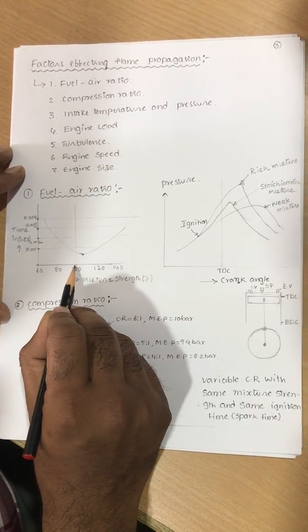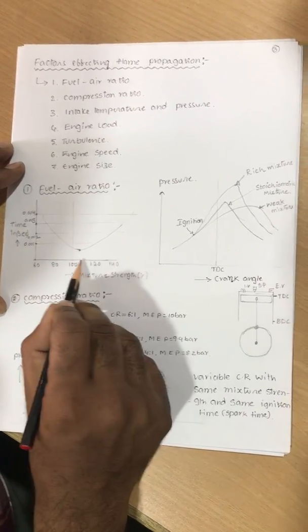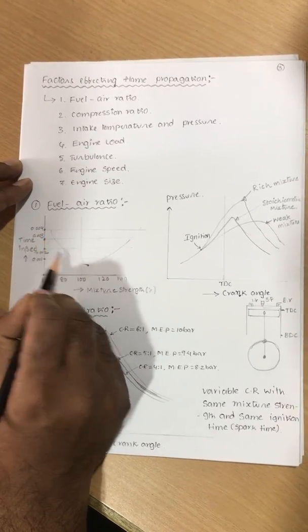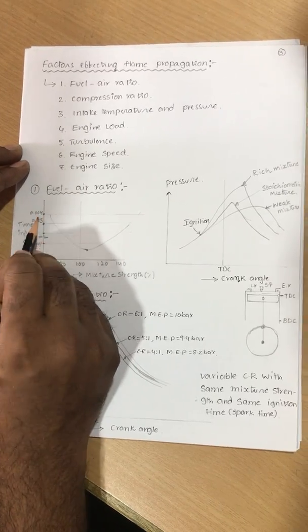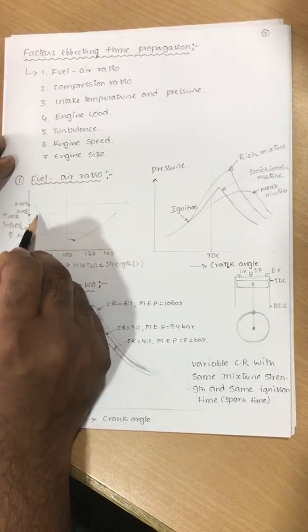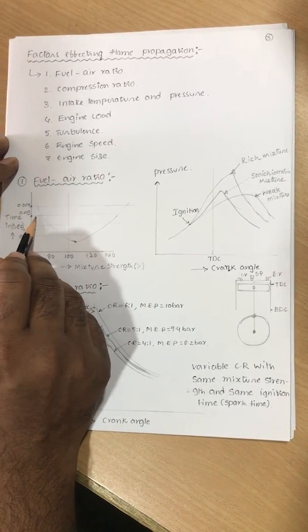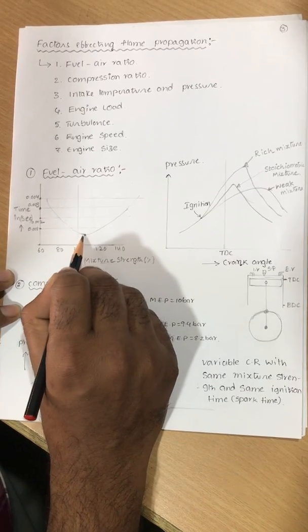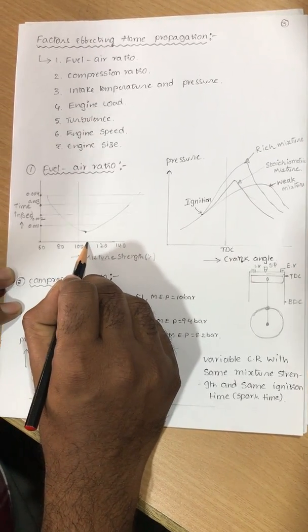So too much rich mixture has more time, and too much lean mixture again has more time, because too much rich mixture gives less temperature, and too much lean mixture also gives less maximum temperature. The maximum temperature occurs when the mixture is 10% richer than the stoichiometric.